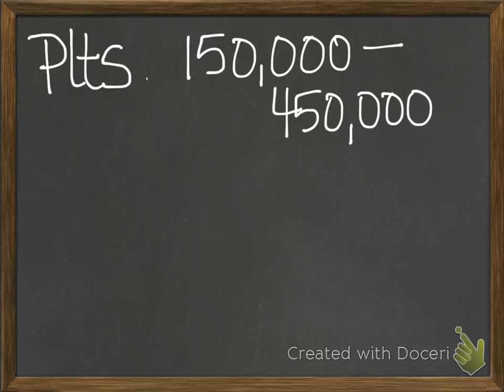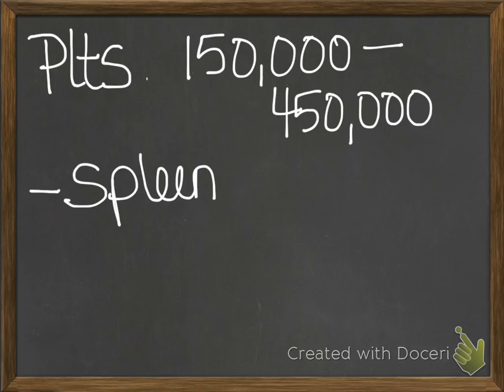Platelets have a lifespan of about 10 days, and then they undergo apoptosis or scheduled elimination. We store about 1/3 of our platelets at any time in our spleen, and they kind of hang out there until they're needed or until they die off.